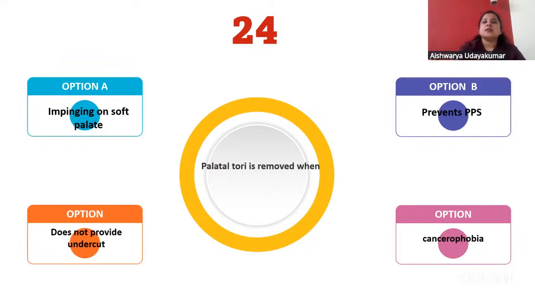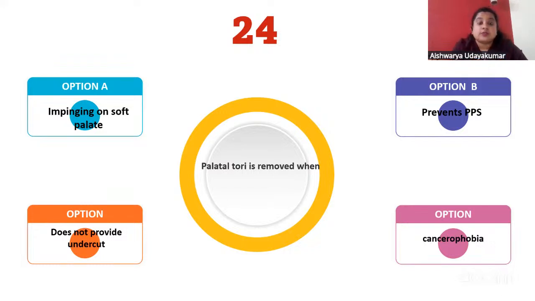In the maxilla, depending on the position and the size of the bulge, we can sometimes relieve it, but if it is impinging on the soft palate, you are definitely affecting the seal of the denture. It is preventing the posterior palatal seal, and it does not provide an undercut. Certain tori will have an undercut, which has increased retention in the mandible.